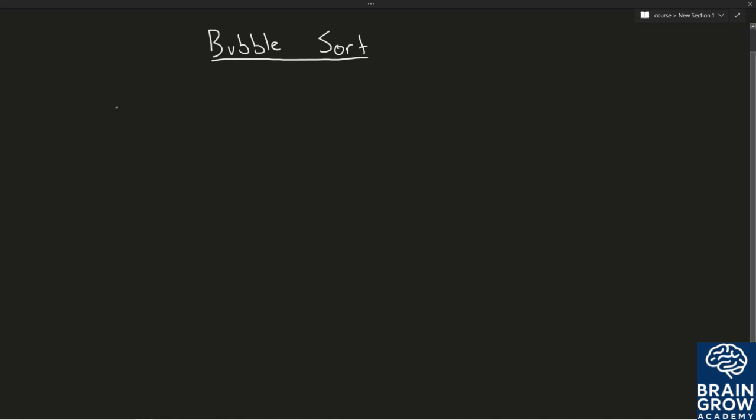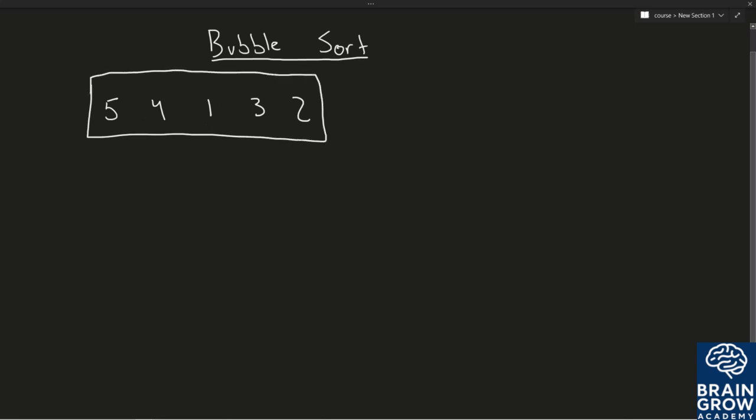So we'll create ourselves an array here, and we'll give it 5, 4, 1, 3, and 2. And remember, what we're going to do is swap adjacent values if they are in the wrong order.